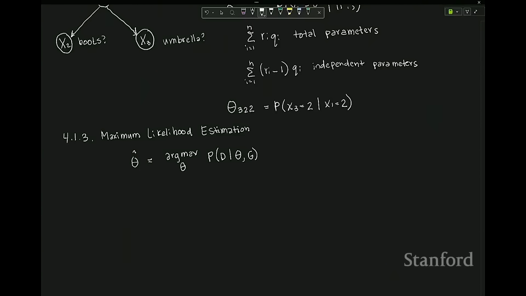We need one more piece of notation before we solve this, and that's mijk, which is the number of times that xi equals k given parental instantiation j in our observed data.